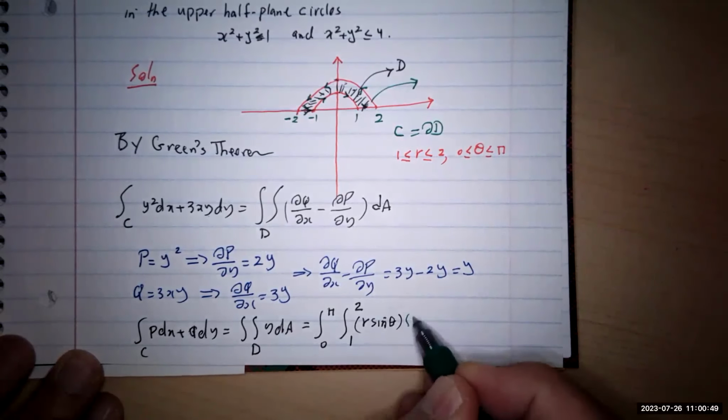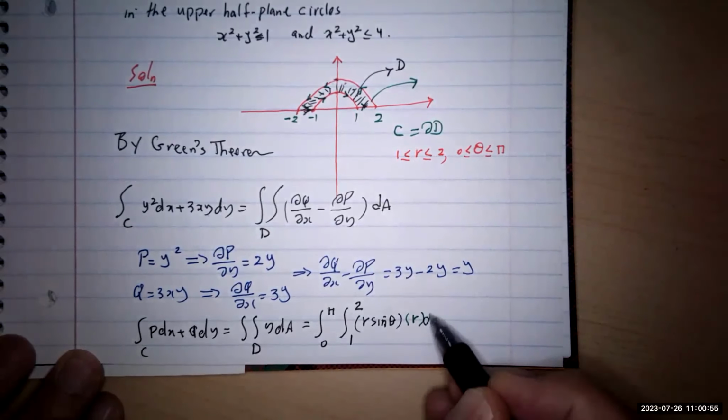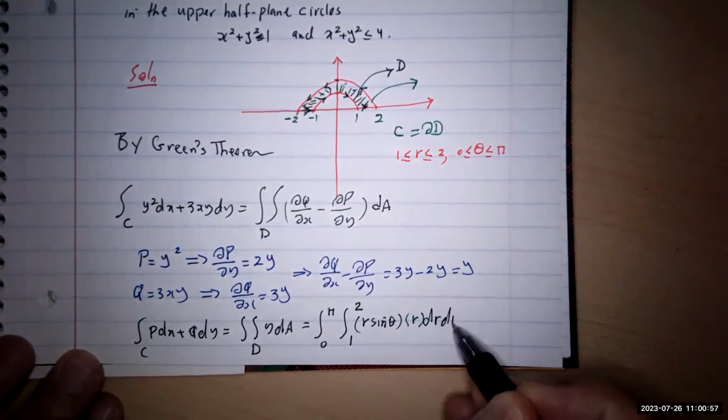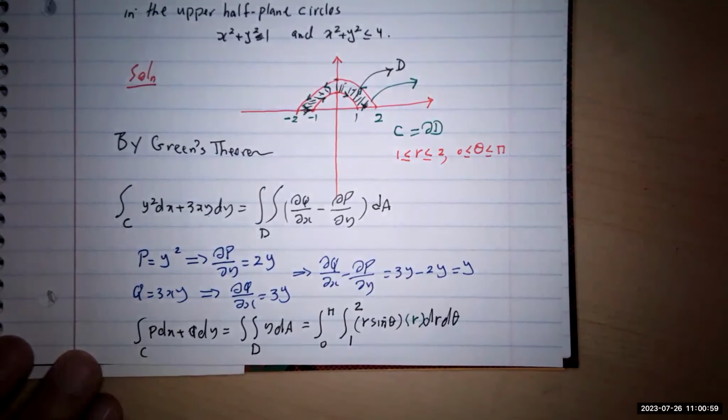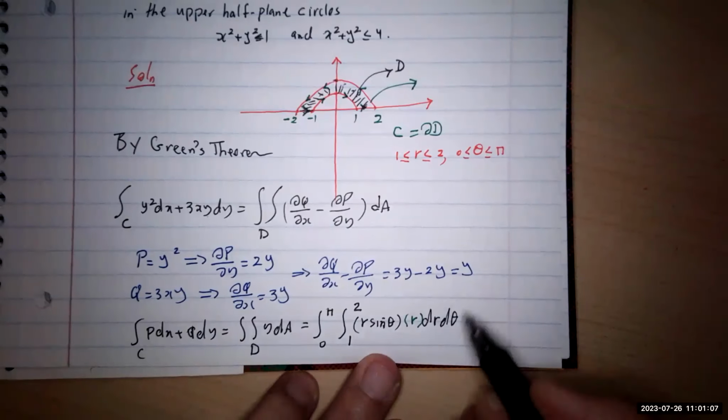Remember that, an extra r, and then dr dθ. I change it to polar form; this is the only option that you have. So this is going to be r².